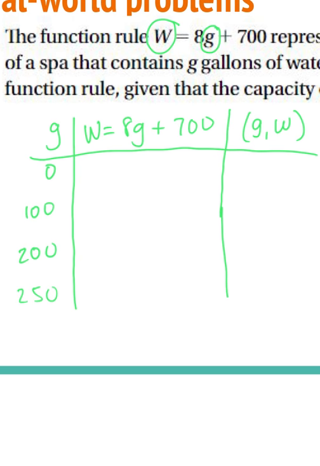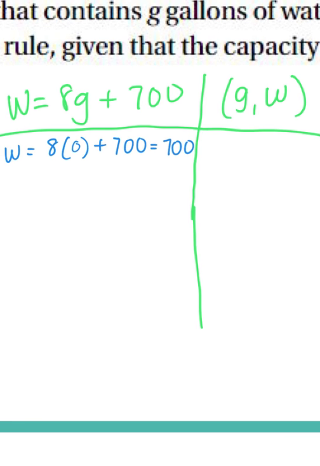So what is W when G is 0? So W equals 8 times 0 plus 700. Well, 8 times 0 is 0, so this is just going to be 700, okay? So our G comma W is going to be 0 comma 700, okay?